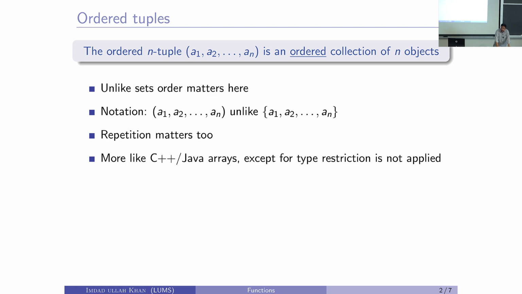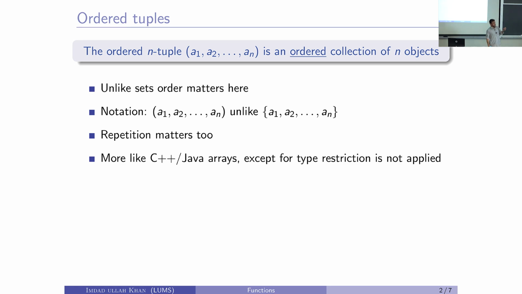But generally speaking, in programming languages like C++ and Java, arrays are supposed to hold a single type of element: all integers, all doubles, all characters, all floats, all bits, or whatever. This type restriction isn't here. So does everyone know what an ordered n-tuple is?